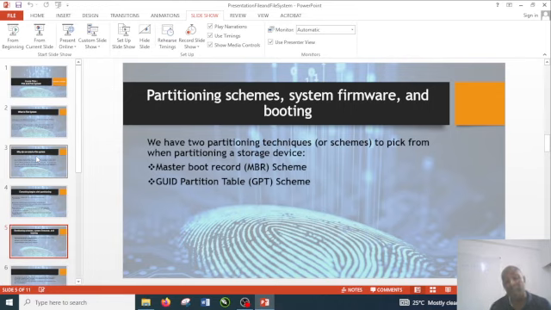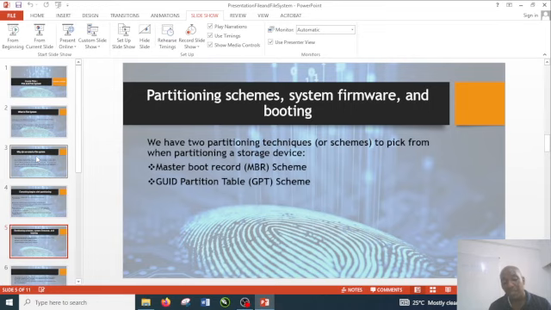So the firmware, which I have explained to be a type of low-level software integrated into electronic devices, can serve as the operating system in small devices such as keyboards, printers, and all that.